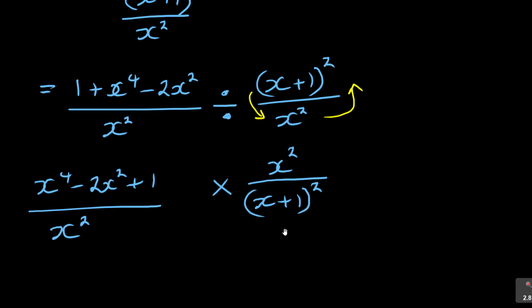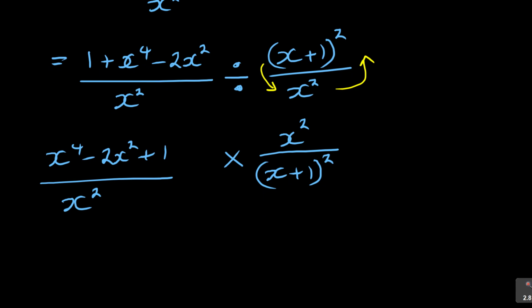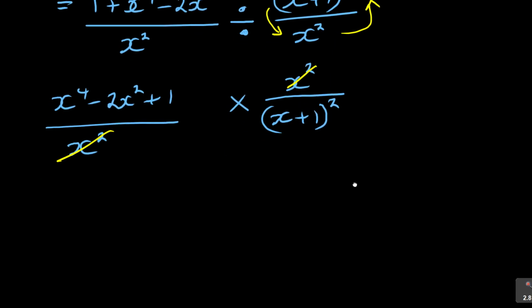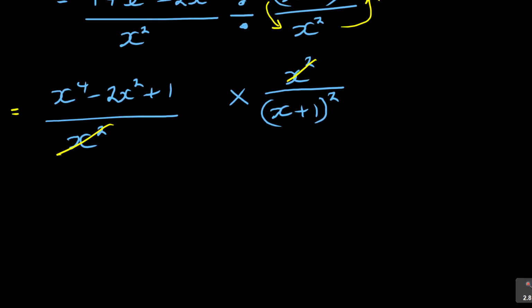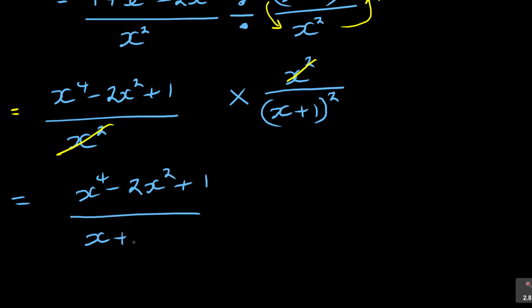So far, in as much as you can't see much here, at least you'll be knowing that this one goes x squared. Then you can have this equal to x to the power of 4 minus 2x squared plus 1, and then over x plus 1 squared.